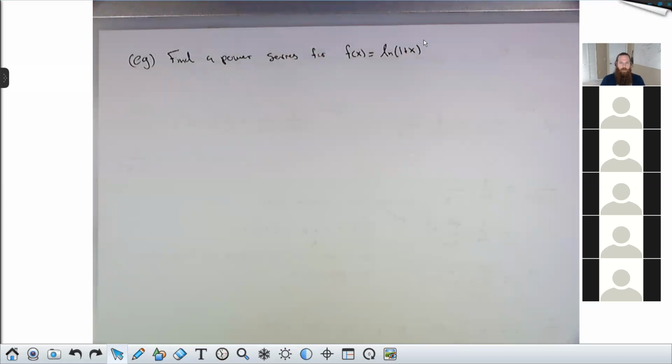Is there any function I know that has this as its derivative? Not a rhetorical question, I really want an answer. Any function that I can differentiate to get this, that you know right away.